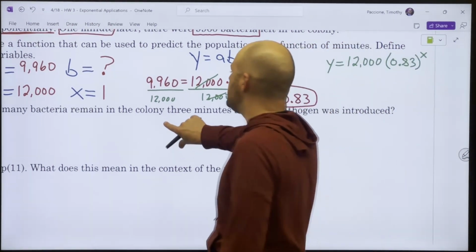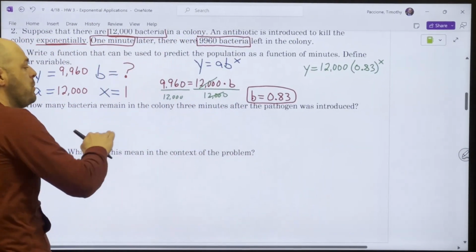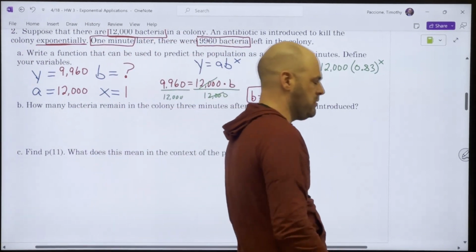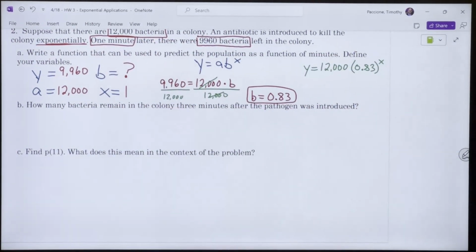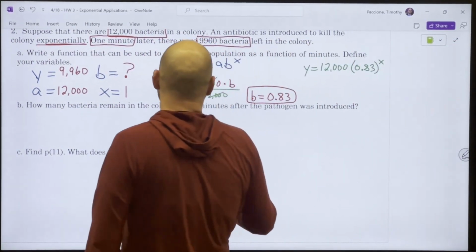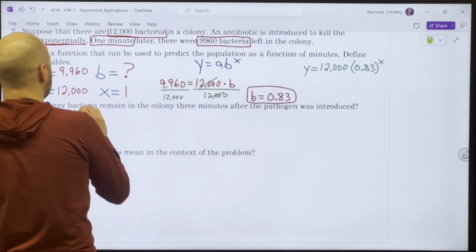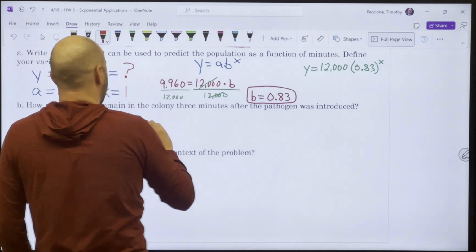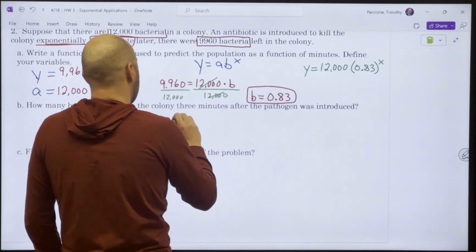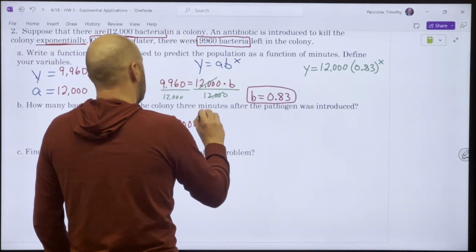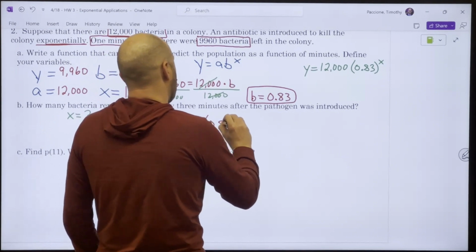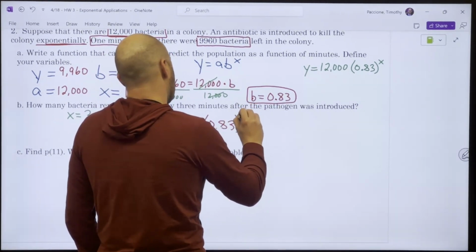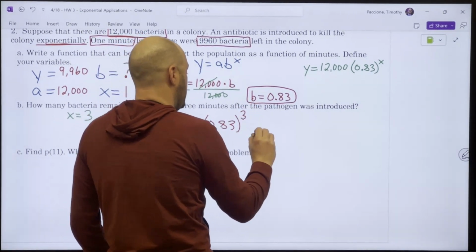Okay, now it says, okay, how many bacteria will be in the colony 3 minutes after? Well, we have an equation. We can use it now, right? So we say, okay, now our x equals 3. So we just plug that in. And I say, okay, y equals 12,000 times 0.83 to the third. Put that into my calculator.